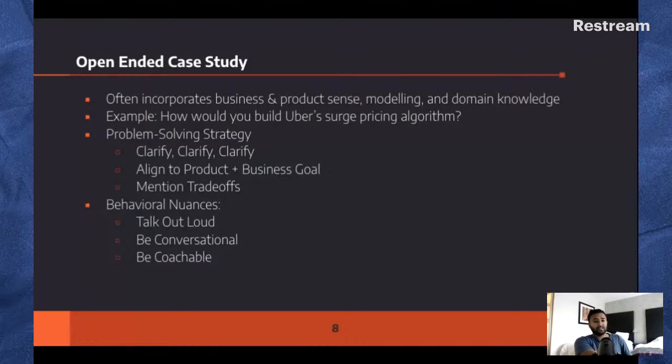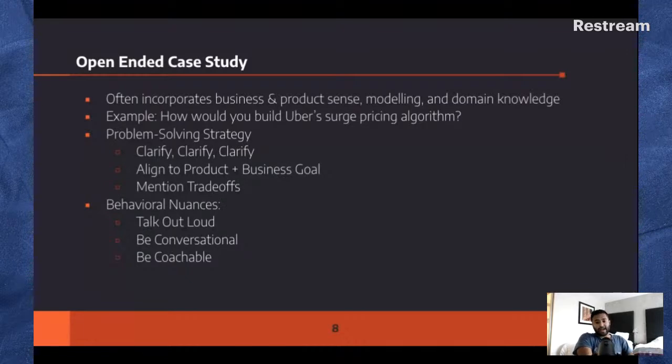A lot of companies, even if they're not product oriented, for any role, will ask you a general open-ended case question like, how would you do this? And the strategy to answer these open-ended case questions is very similar to the strategy for open-ended product questions, because both are looking at some technical experience, but also business and product sense, domain knowledge, and your own intuition around what the company is doing.